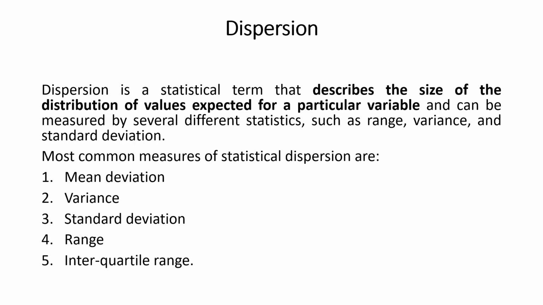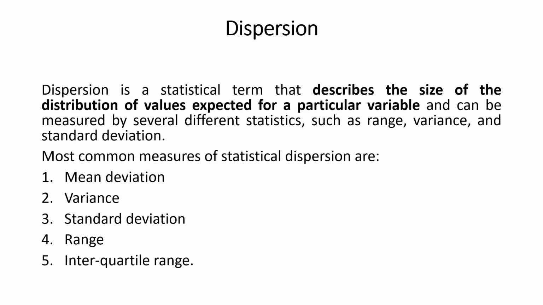Dispersion. The various measures of central tendency like mean, median and mode give us one single figure that represents the entire data. But the average alone cannot adequately describe a set of observations unless all the observations are the same.